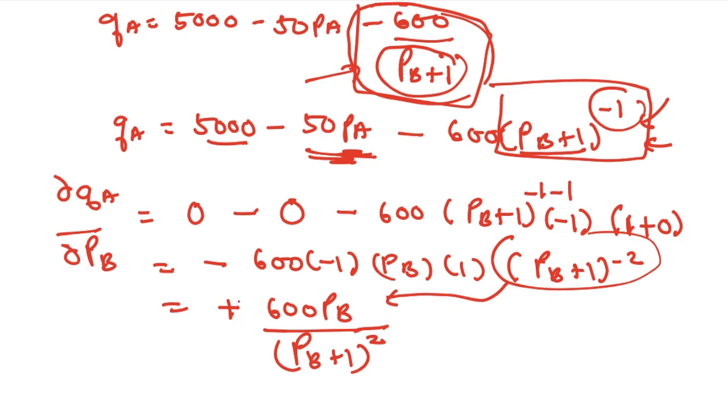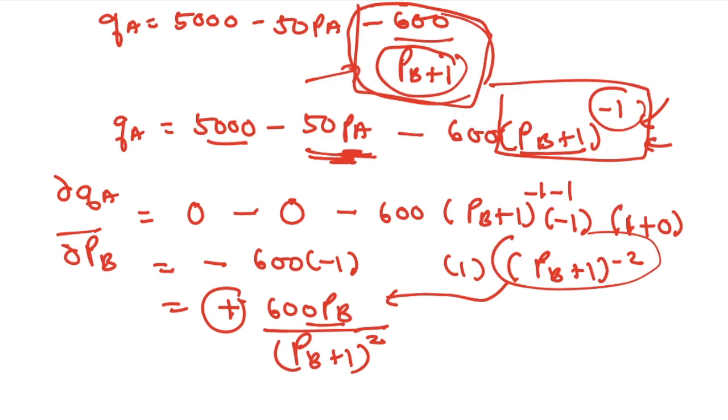Okay, so you can see here, sorry, I made a mistake here. Yeah, sorry. Can we start again? It shouldn't exist, this one, sorry. Because when you differentiate PB here, it becomes 1. Okay, so that's the correct one.